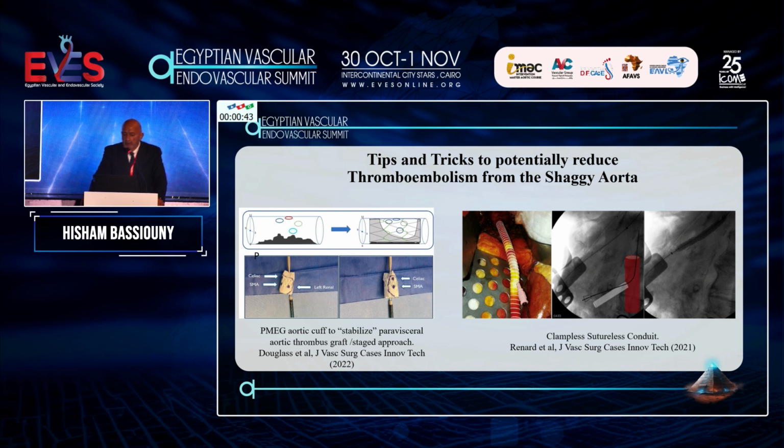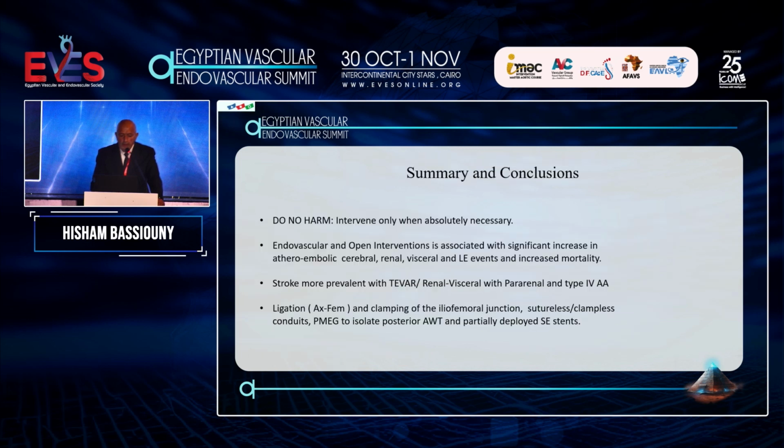And then this is a clampless, sutureless conduit which avoids clamping of the aorta by just suturing a graft as a conduit to the adventitia and outer media, followed by puncturing the aorta and putting in a stent across the aortic wall. So that minimizes suturing or clamping the aorta.